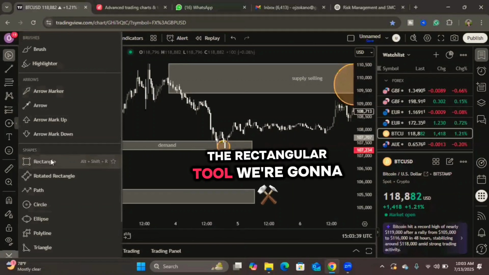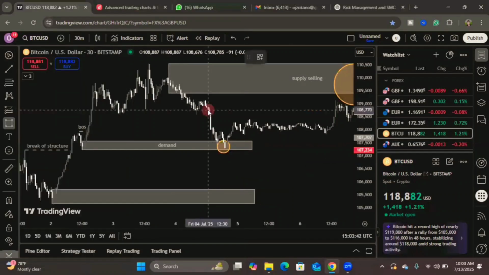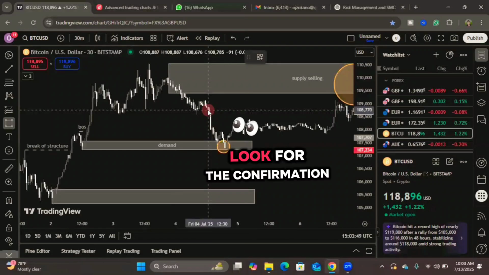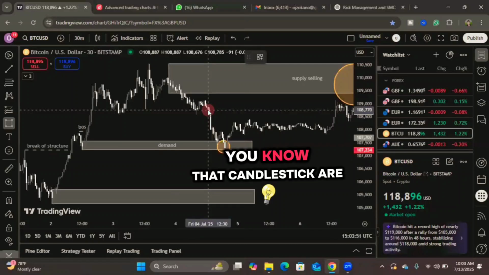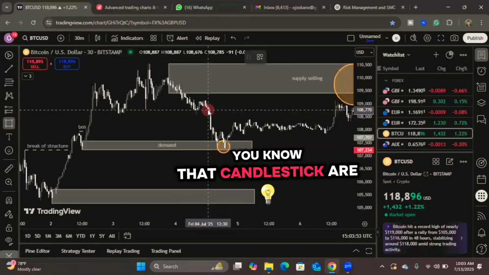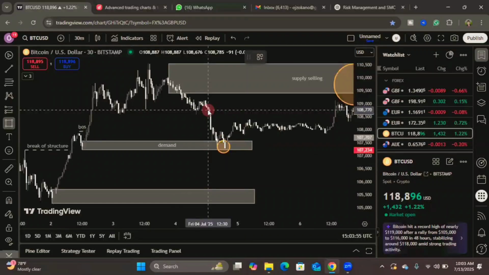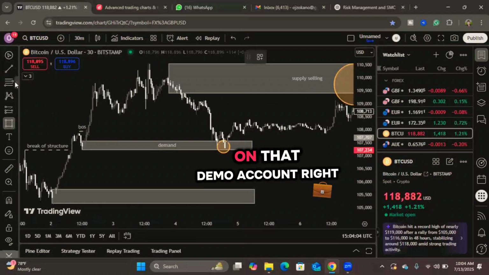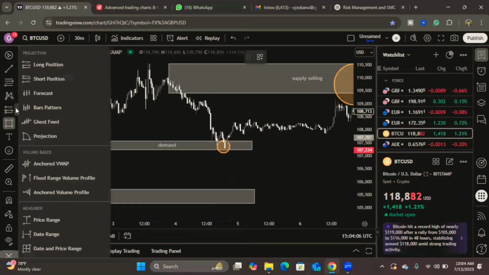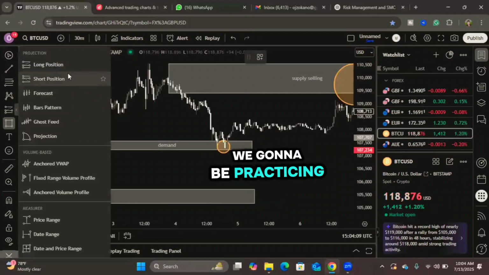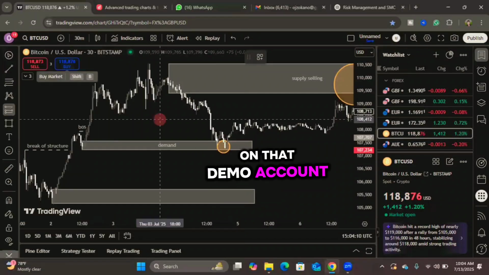We're going to wait for price to return to the zone, look for the confirmation, that candlestick or structure break, set our entry, our stop loss, and take profit, and manage our risk. And also, guys, we're going to be practicing on that demo account as well.